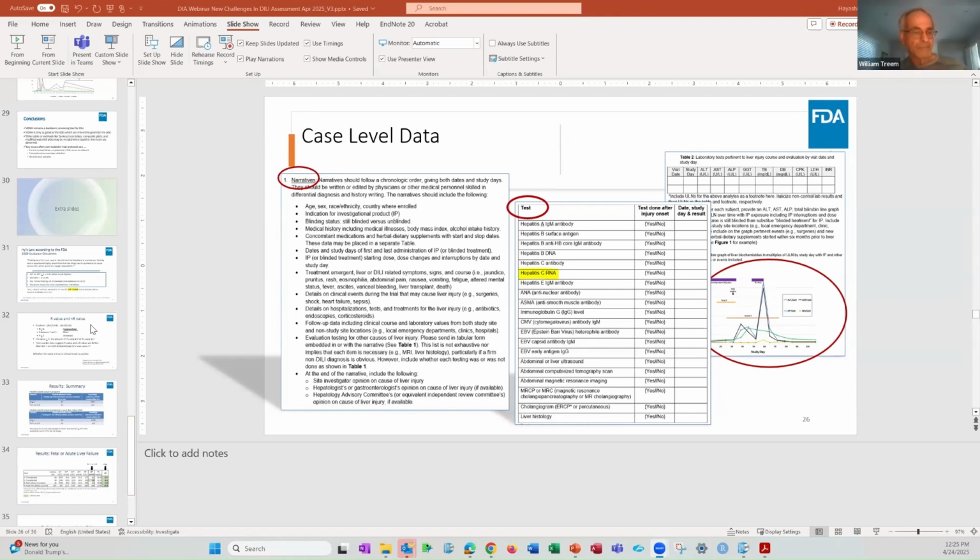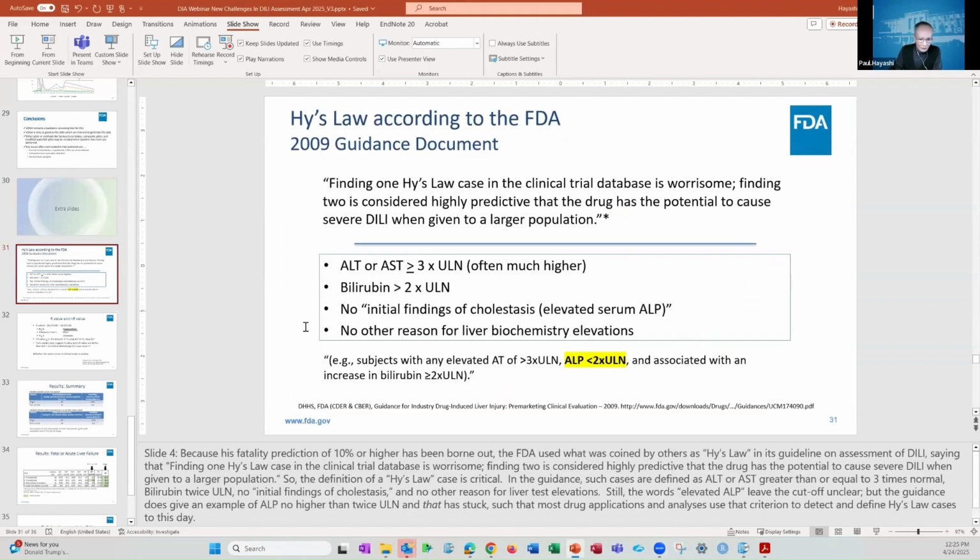Sure. So I'll quickly cover this. I'm not going to go to presentation mode, but this is the issue. Bottom line is we're trying to get away from using, this is just me talking, the criteria for just elevated serum alk phos of less than 2 times upper limit of normal.